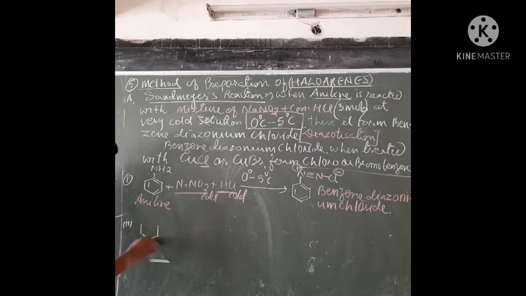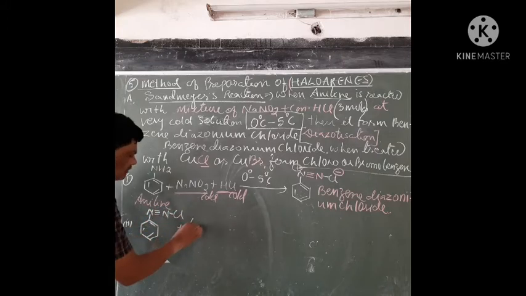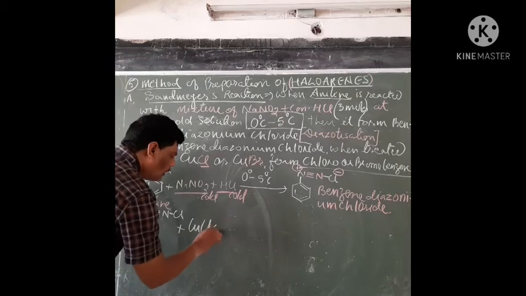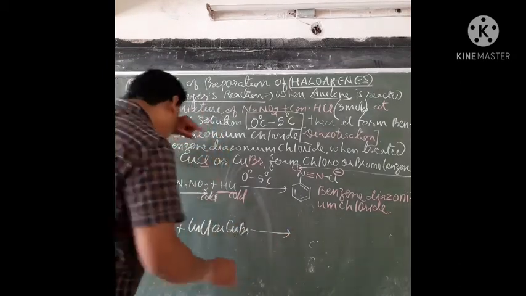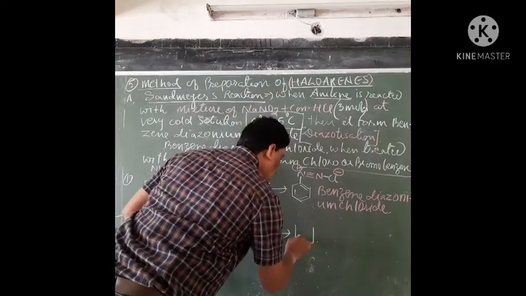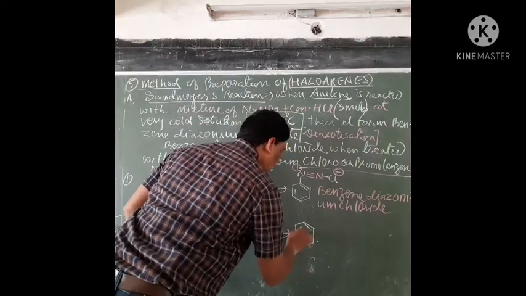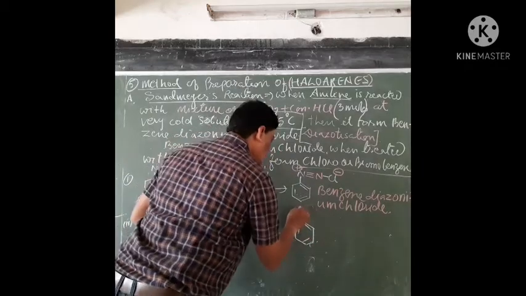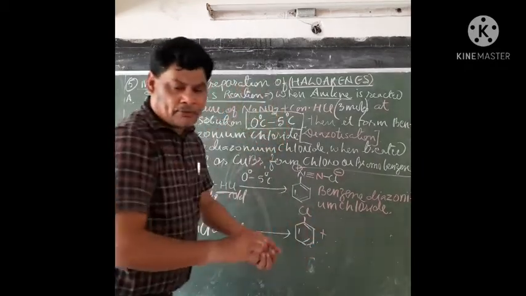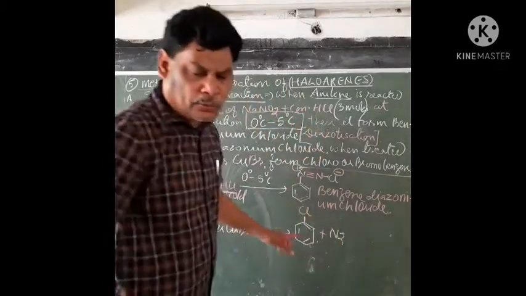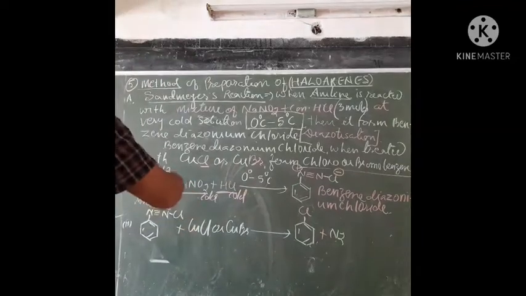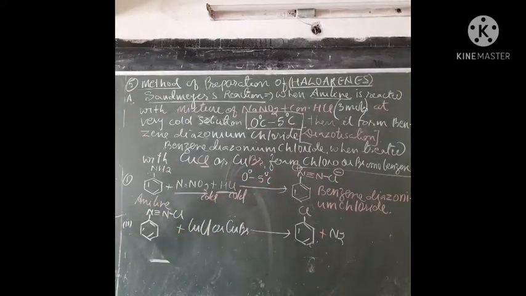Benzene diazonium chloride salt, this is N triple bond N Cl, will react with CuCl, or you can also react it with CuBr to form chlorobenzene or bromobenzene. I am writing the reaction only for chlorobenzene. So this is the most important reaction, plus N2 getting evolved, and plus you can write CuCl or HCl.